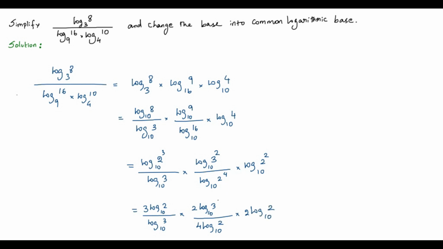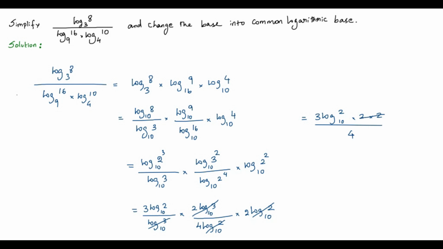Now we can cancel this log 3 to the base 10 with log 3 to the base 10 here, and in the next step this log 2 to the base 10 and this log 2 to the base 10 can be cancelled out. So now we have 3 log 2 to the base 10 times 2 divided by 4.